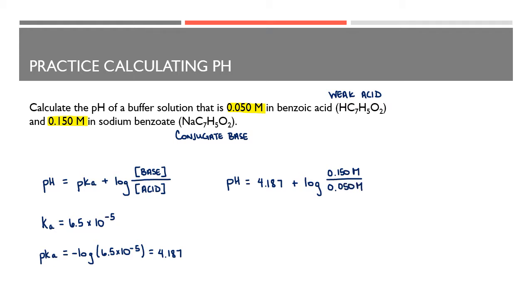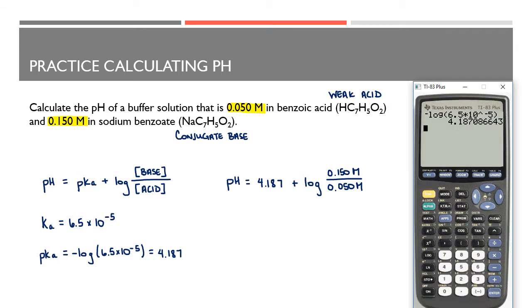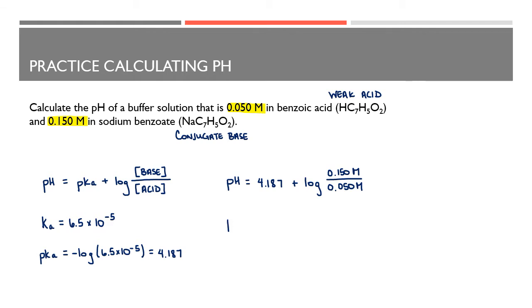So we take the concentration of our base over the concentration of our acid. I take my answer, 4.187, plus the log of 0.150 divided by 0.050, and I get 4.66. So the pH of this buffer solution containing a weak acid and its conjugate base is 4.66.